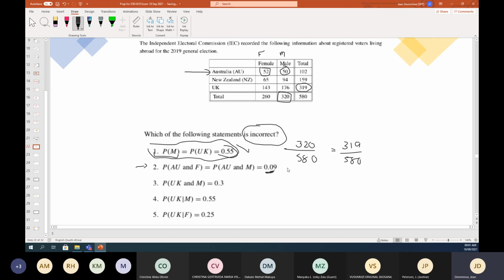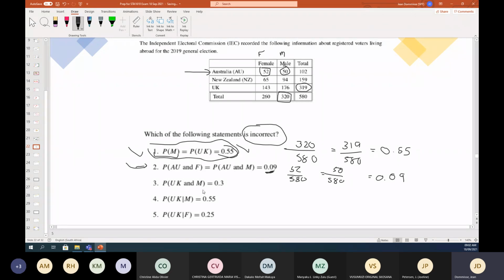If we just look at numbers, it is not. Okay, I don't like this question at all. But yeah, the trick in this one is that you need to round it off to 2 decimals, then it will be what they are giving us. Okay, so that one is correct, that one is correct.